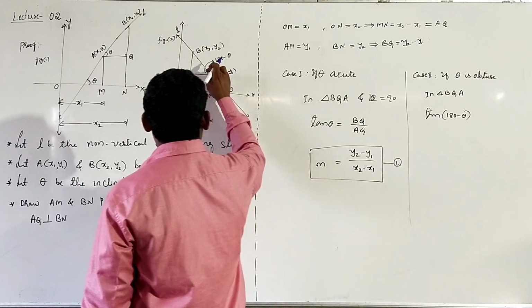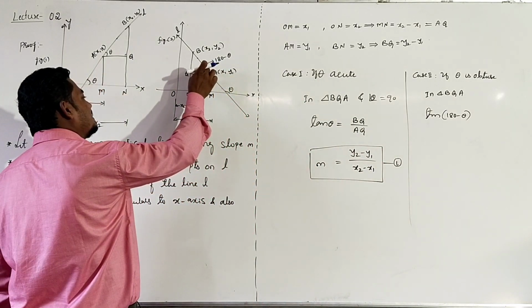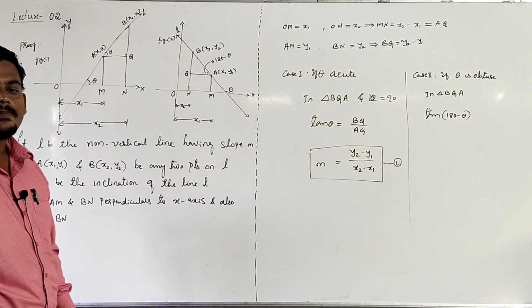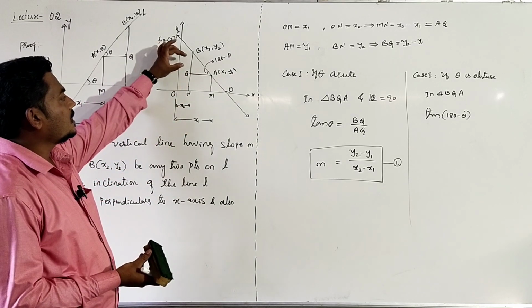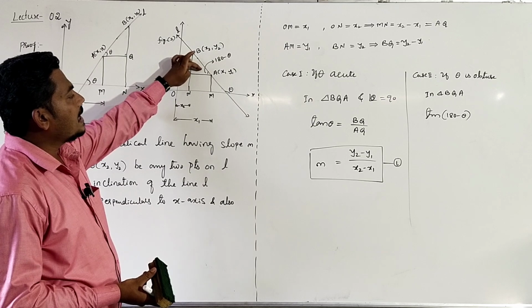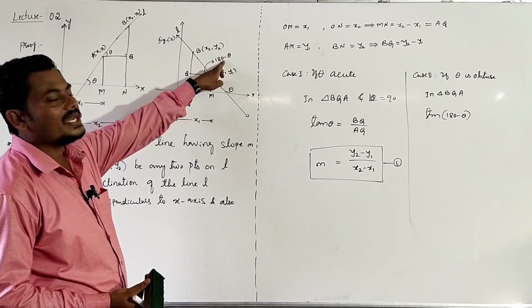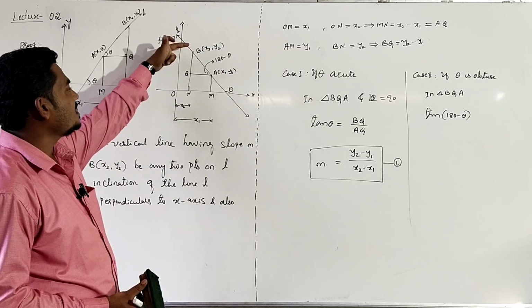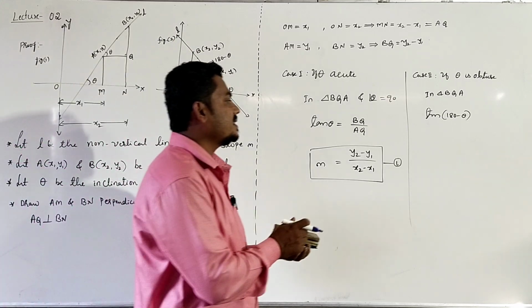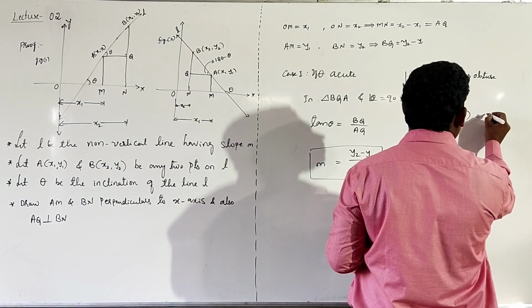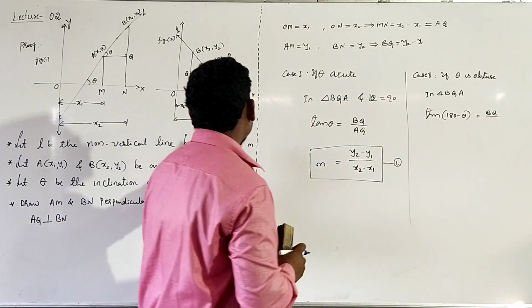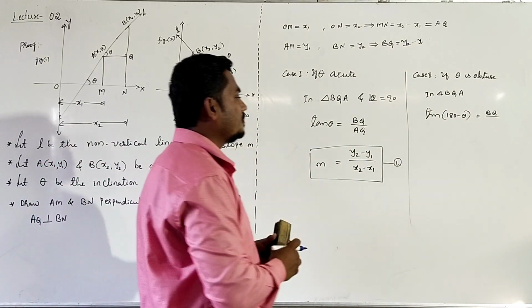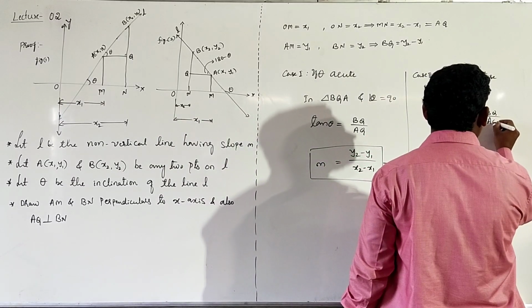For the angle 180 minus theta, which one is the opposite side? Clearly BQ is the opposite side. That's equal to BQ divided by, which one is the adjacent side? AQ, right?